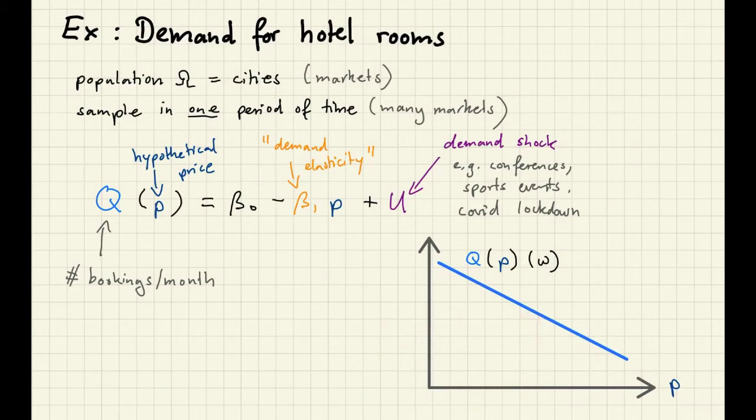Obviously, I cannot enforce a price, and I cannot choose for which P I observe the demand curve. Instead, there is one market price, let's say it is here, and I will only be able to observe the demanded quantity at this market price.